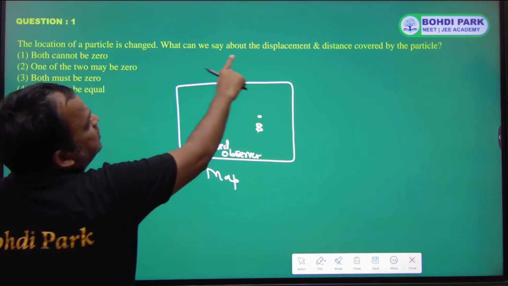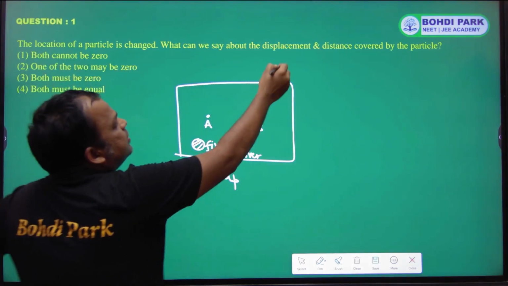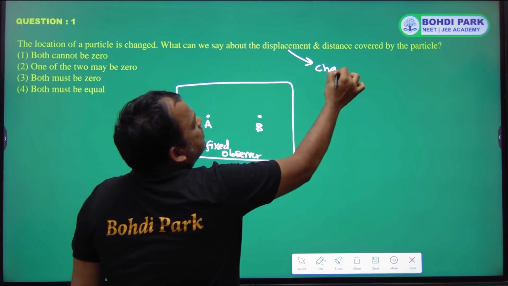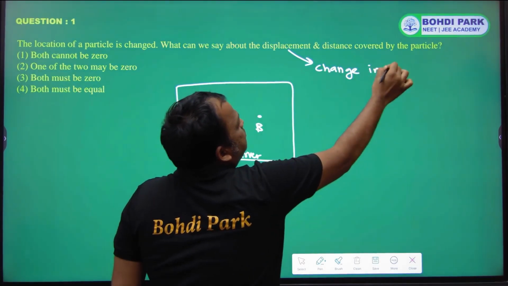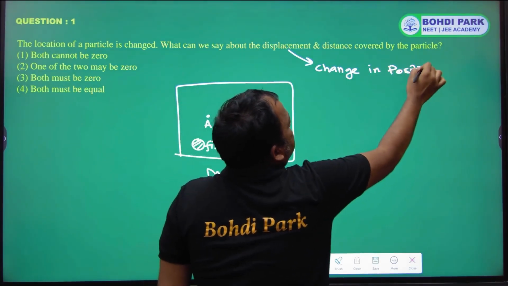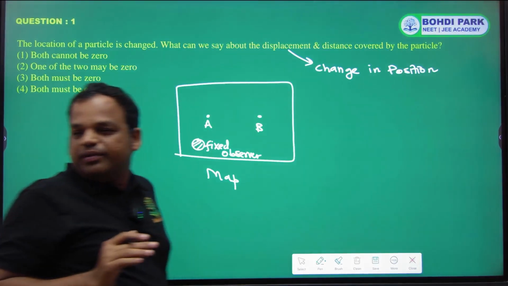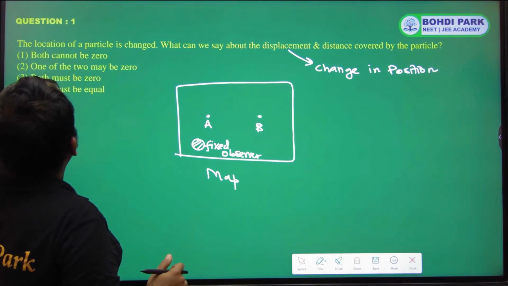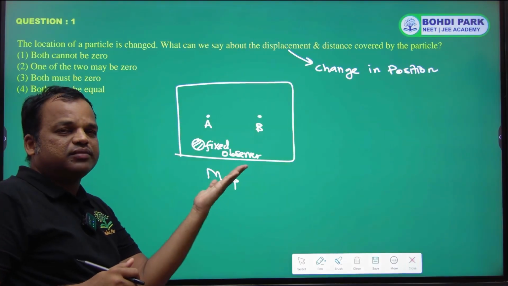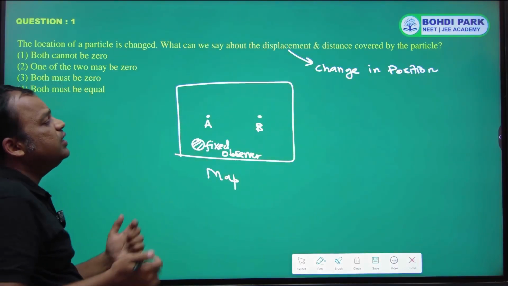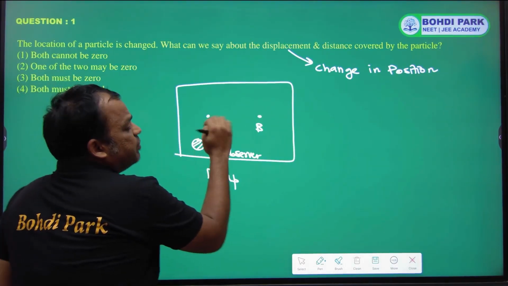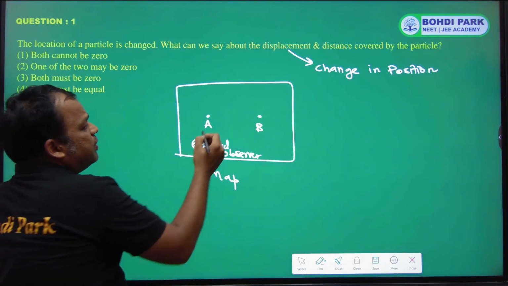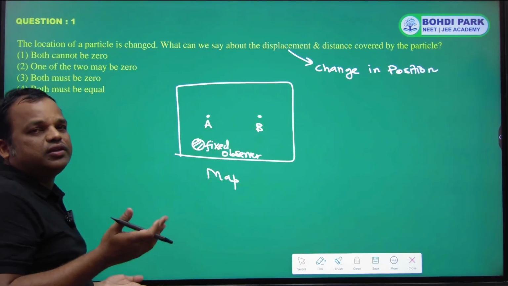Location is changed, so there is a displacement. So we know that change in position is displacement. Position changed, so displacement is non-zero, and also depending on the route or the path followed, distance is also non-zero.